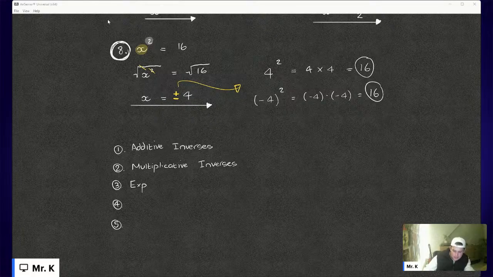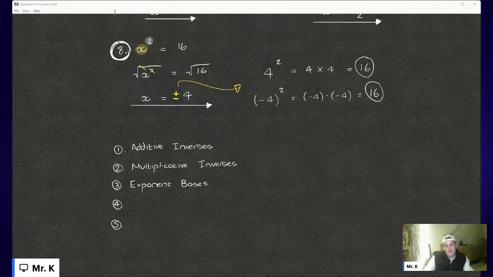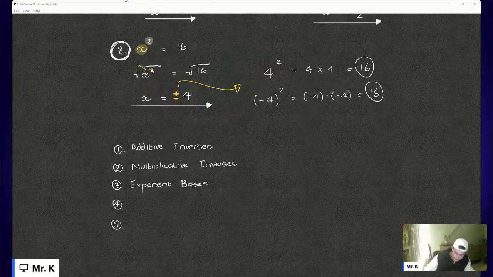We can also use exponent bases to help us for exponential equations, right? We know that if we can get the exponent bases the same, we are allowed to drop the bases and make a linear equation out of the exponents. What else can we use to our advantage? We can use exponent root inverses, which we just saw now in the last example.